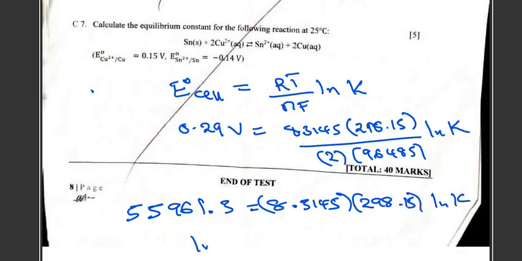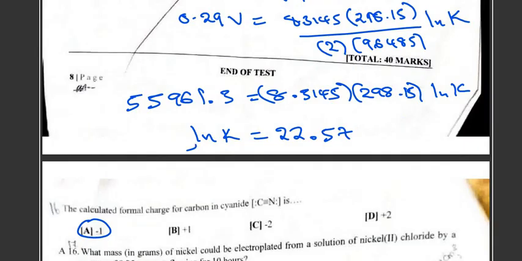We divide both sides, so ln K is equal to this divided by 8.3145 times 298.15. I'm getting 22.57. We're trying to get the value of K, so I introduce e on this side and e on this side, meaning this will cancel. K is equal to e to the power 22.57, so I just shift e, and this gives us K equal to this number here.